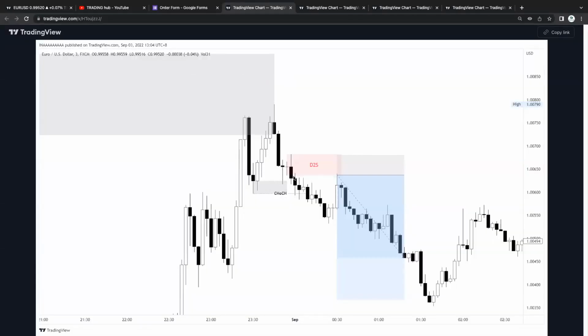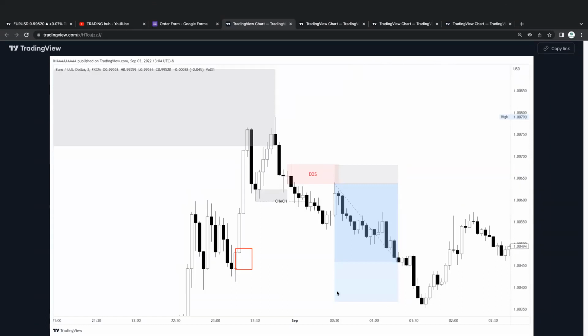This demand converts into supply. Actually, this one is already mitigated. So in this case, what happened here? It's not very valid, but you can mark it here as a flip. Like this order block is here, pushes downside and goes higher.